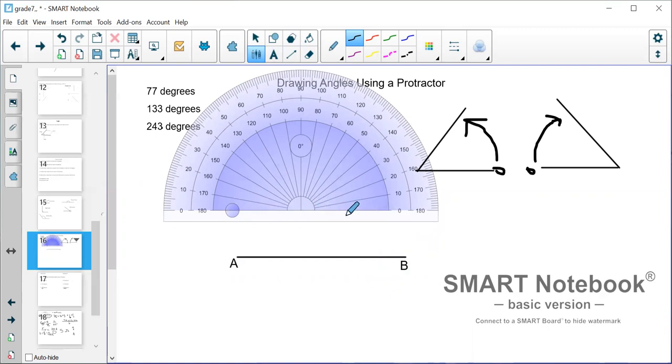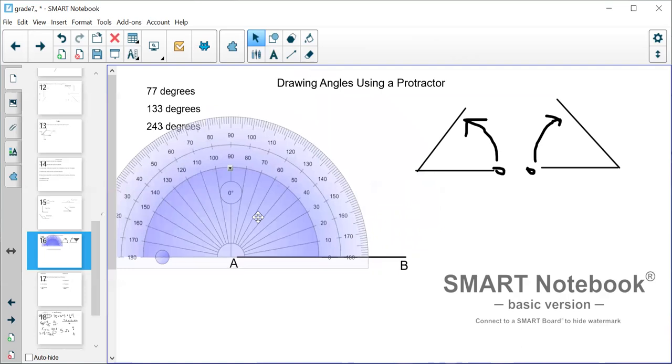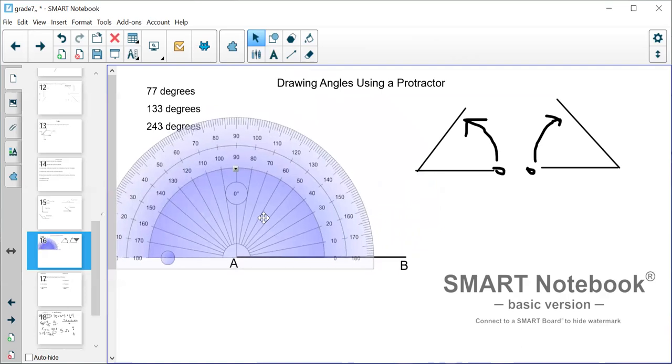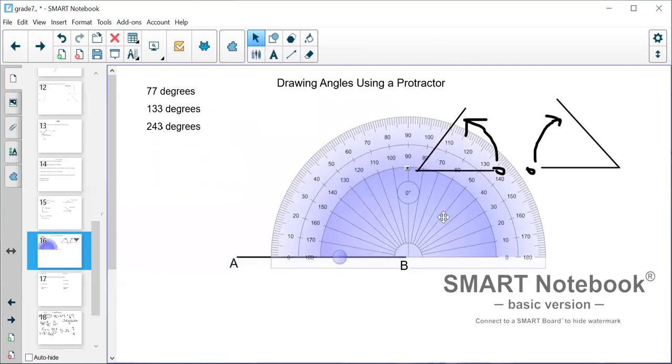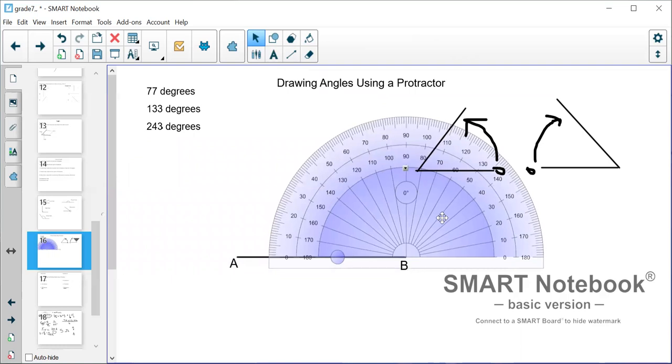Where this line and this line meet up, that is the center of the protractor. So you place that part of the protractor where you are drawing the angle from. If it's A, you place that point at A. If it's B, you place that point at B. I hope you get that clear.